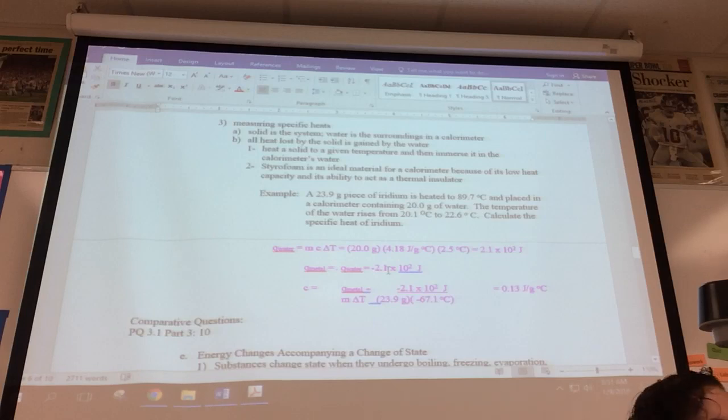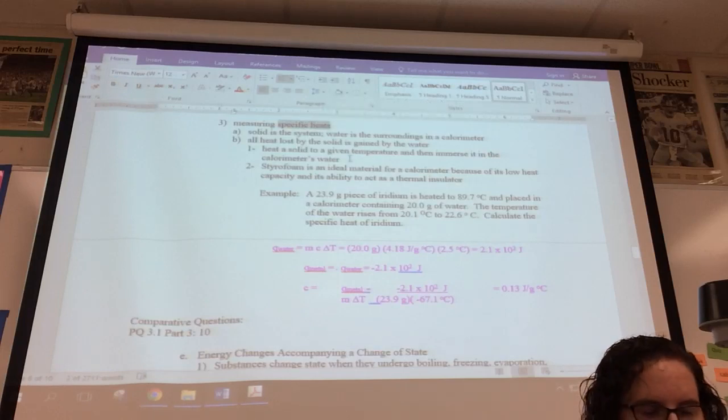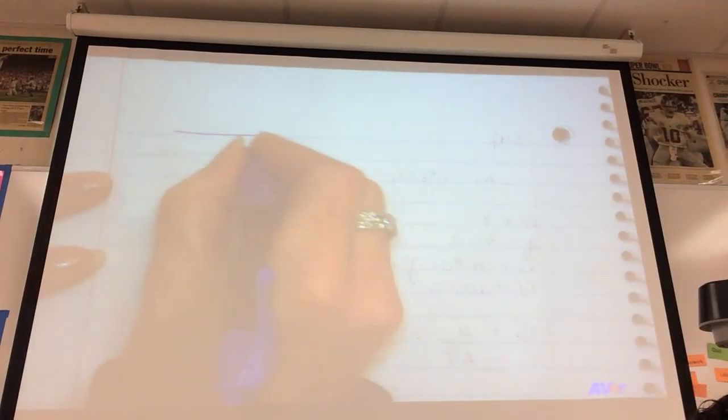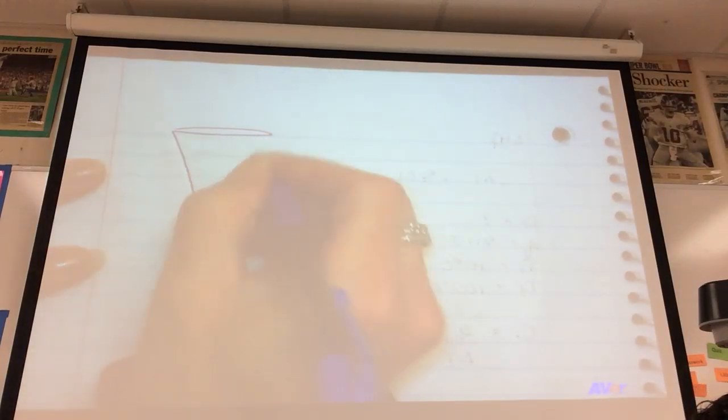The other type of thing you can do with calorimeters is you can measure specific heats. Let's just draw it out. Typically what you're going to have is a calorimeter.